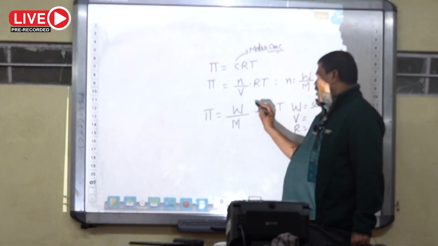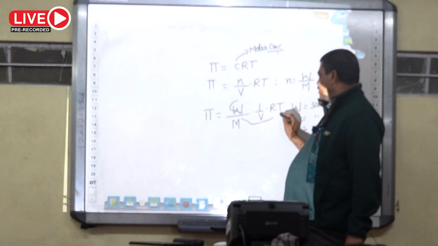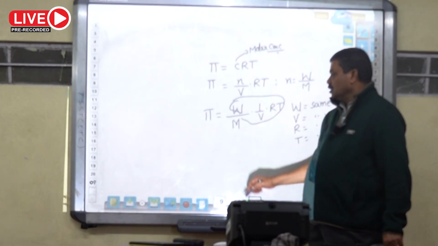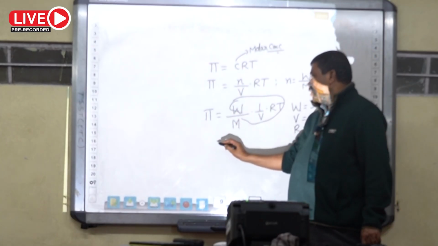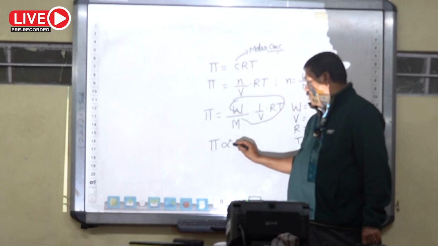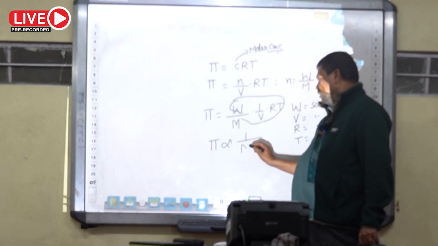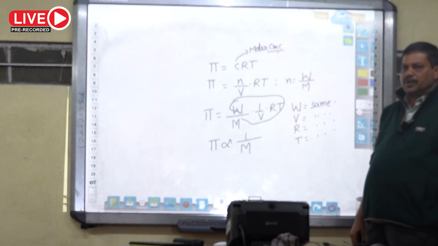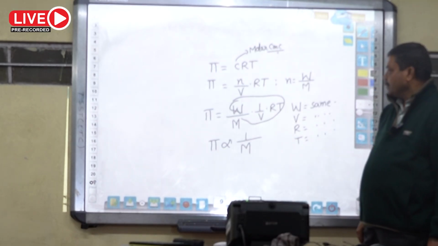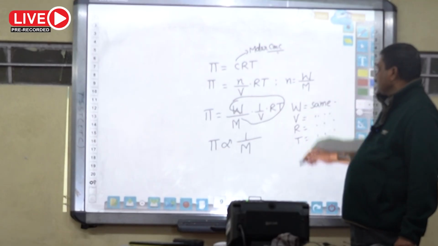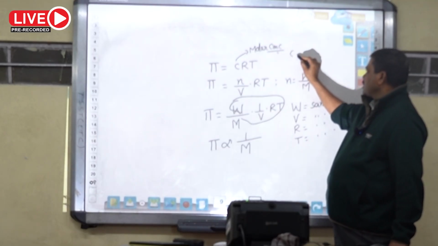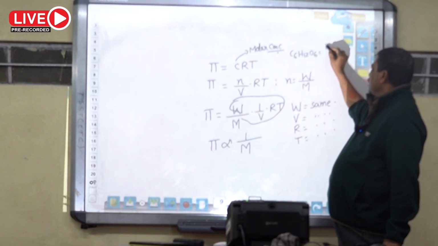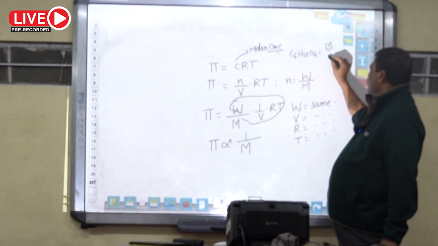So when all these are constant, this entire lot is constant for all the three solutions. So pi is inversely proportional to molecular weight. What are the substances? Molecular weight of glucose is 180.